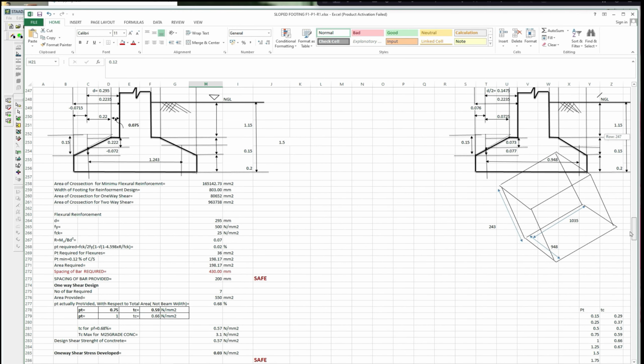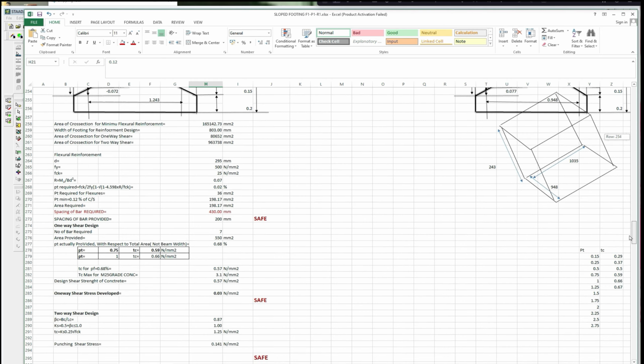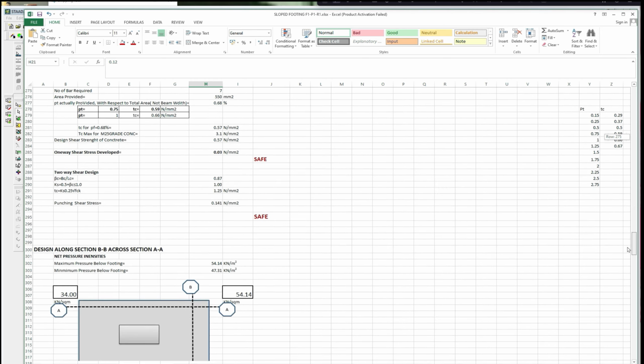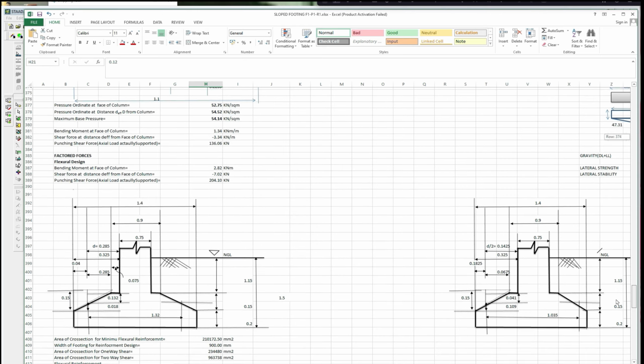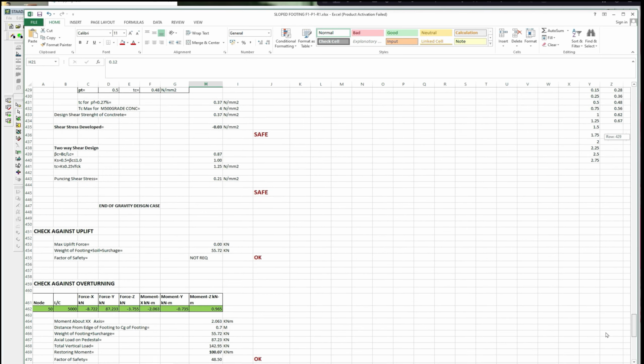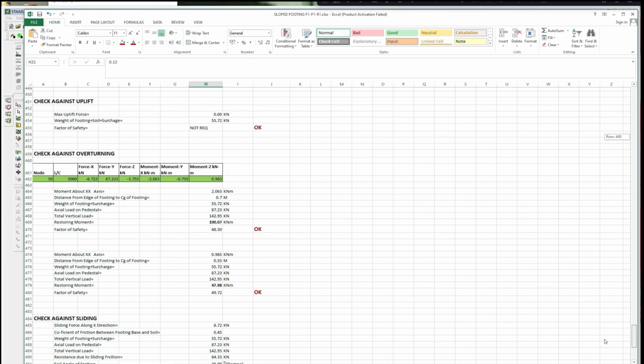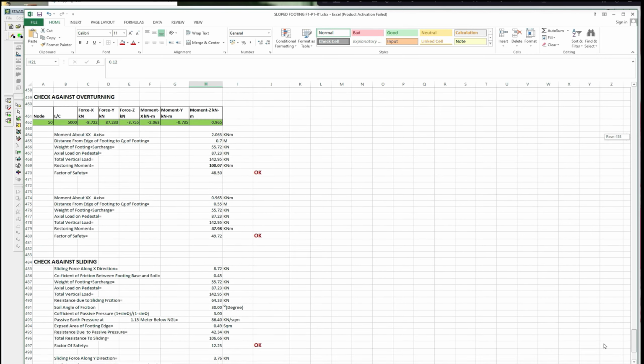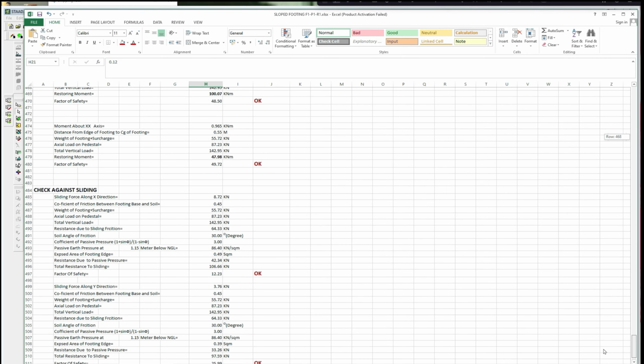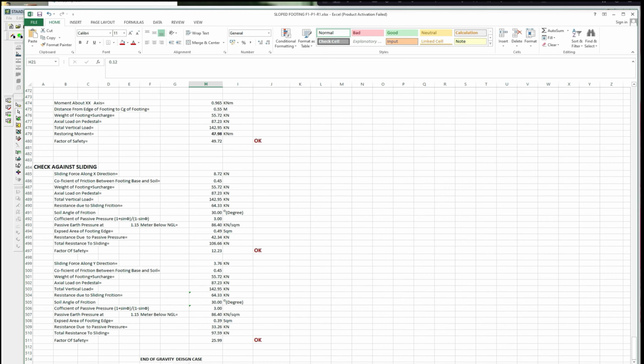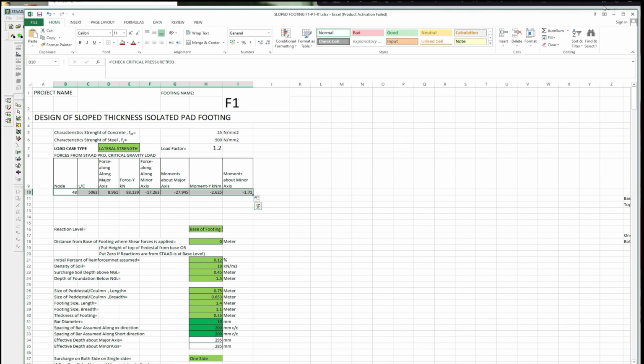Now spacing of bar required is 430 mm, provided 200 mm. So our footing is safe. Our footing is safe in both the directions. Then check against overturning, then check against sliding. Then go to lateral load cases.